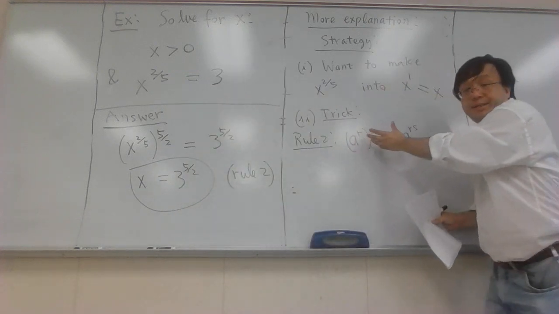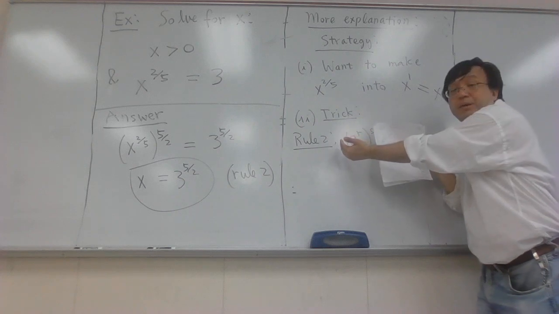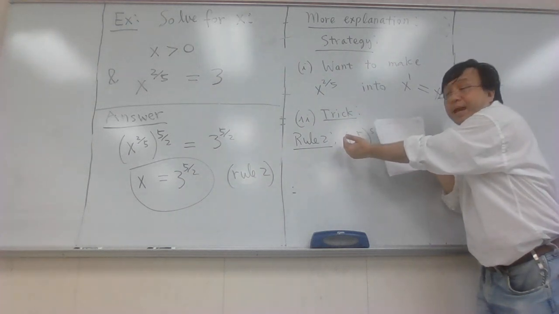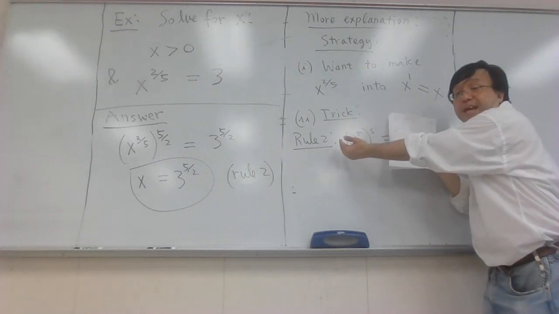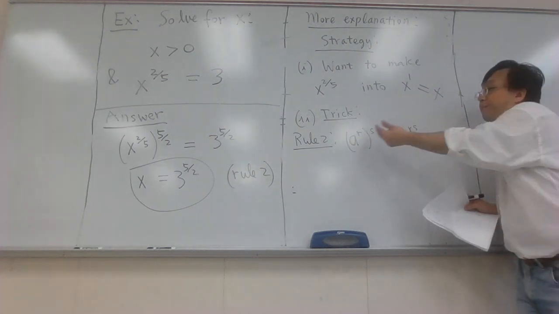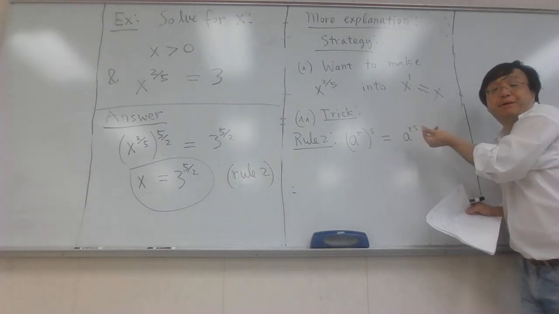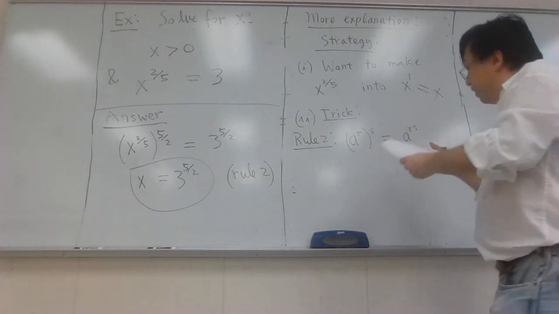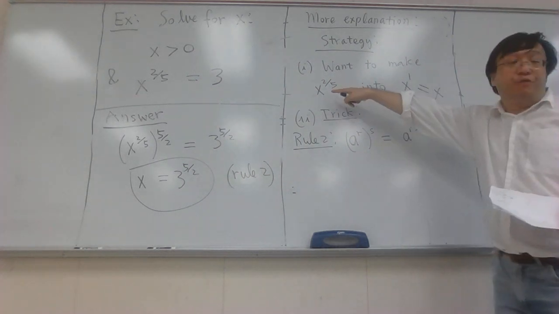If you take a and exponentiate by taking it to the power of r, and exponentiate again by taking it to the power of s, that's the same as a to the power of r times s. That's the trick to make this 2 over 5 equal to 1.